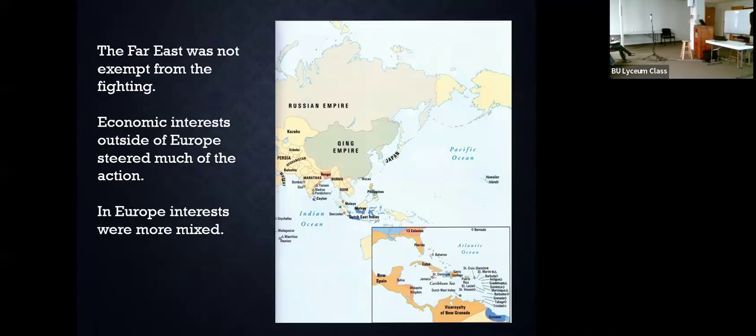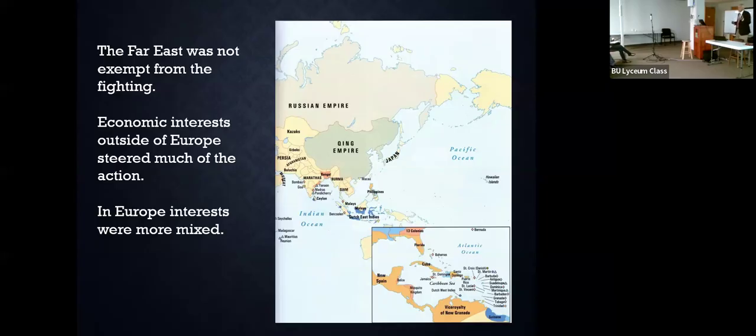As I said, the Far East was not exempt. Trade had expanded globally. And again, if you look at the information provided on British shipping, you begin to understand its importance. Notice that Europe, which now calls this the 7 Years' War, had a different series of issues that were important to it.